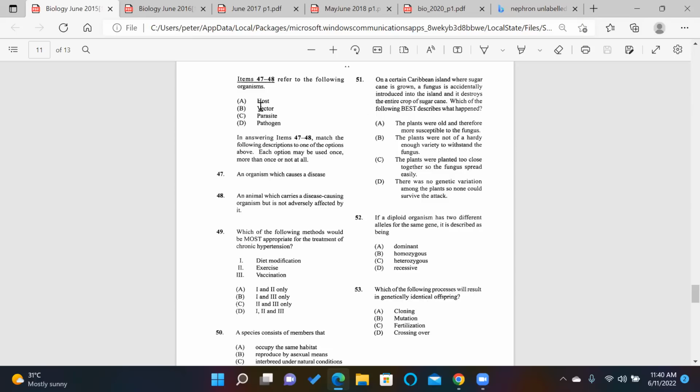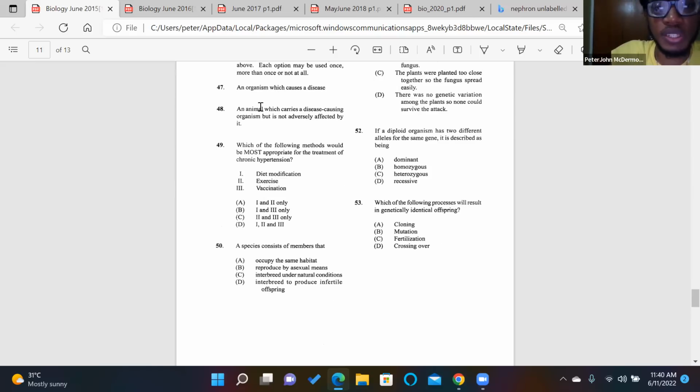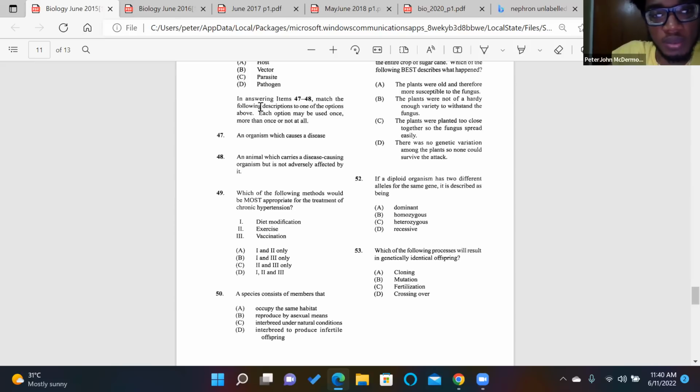Host. What's a host? Like the organism that has the pathogen, that is affected. Yeah, pretty much. Which may be affected. Vector, typically unaffected. Give me an example of a vector, please.